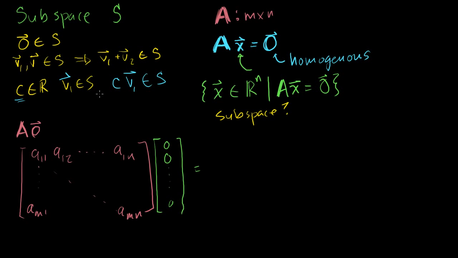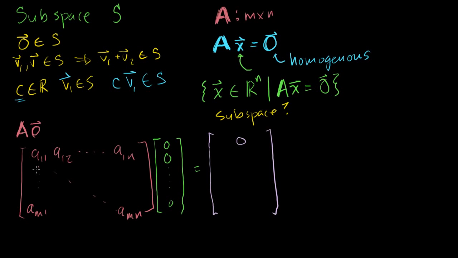But when you take this matrix vector product, what do you get? Well, this first term is going to be A11 times 0 plus A12 times 0, all the way to A1n times 0. So you get 0.